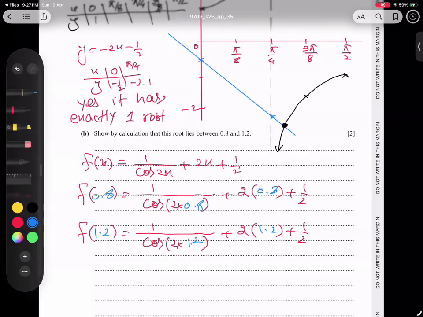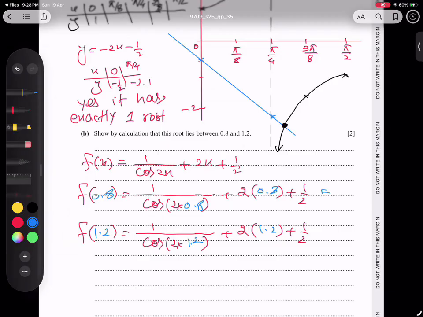So students, I'm going to check it now. Okay. And when I plug in 0.8, I'm getting the answer, I will just reconfirm, plus 2 times 2.8.